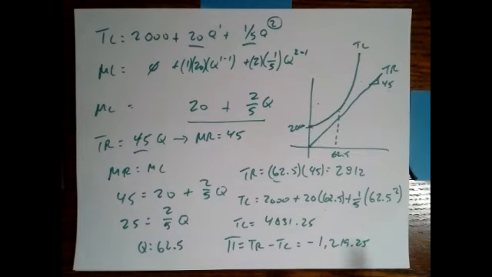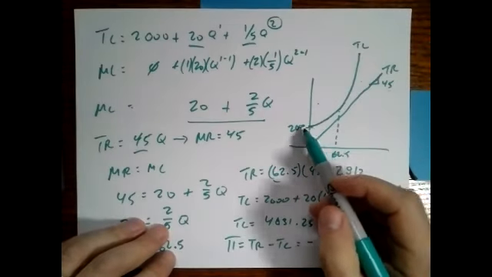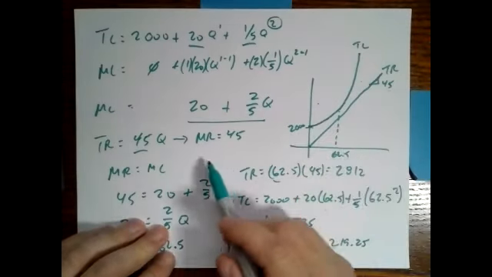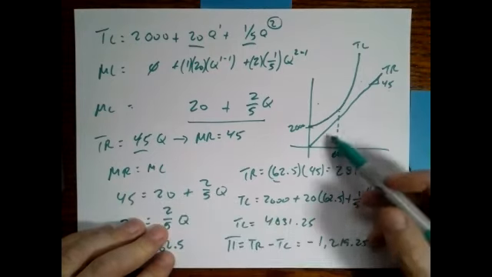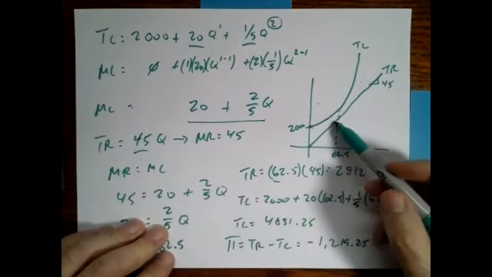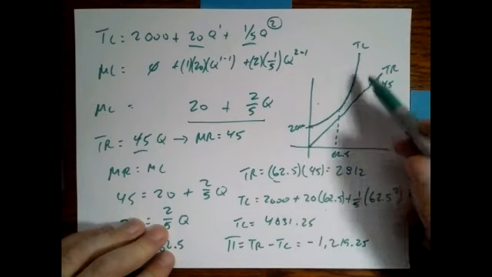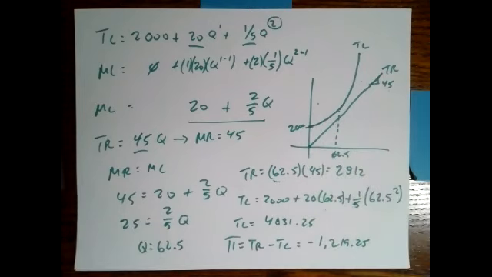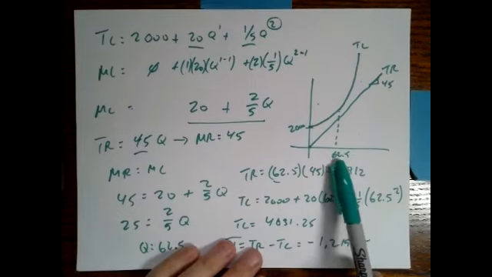But here, because the fixed costs are relatively high relative to the revenue that the organization can earn, total cost goes up and total revenue never catches up with it. So the best this organization can do is minimize their losses at 62.5.